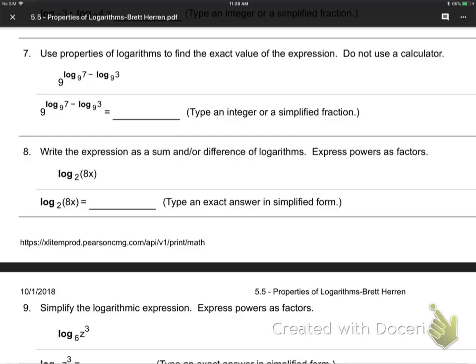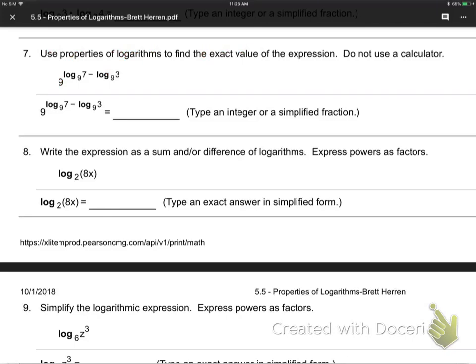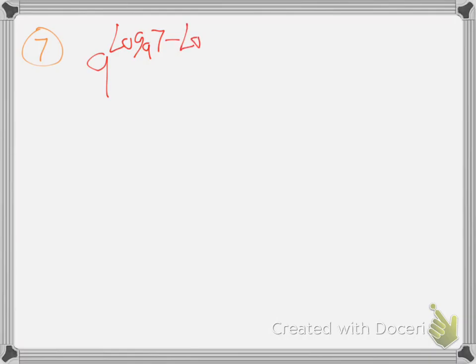Let's see what we got. 9 to the log base 9 of 7 minus log base 9 of 3. Okay, so we have the 9 as the base, and those 2 logs are up there in the power of that 9. Don't the log base 9s cancel if they have a base of 9?